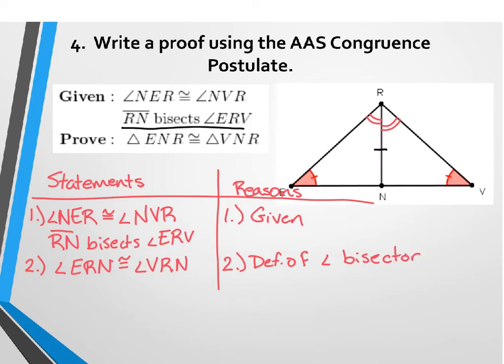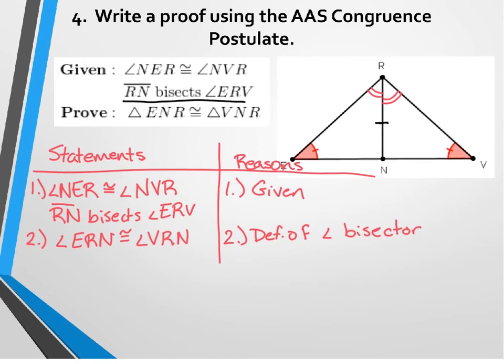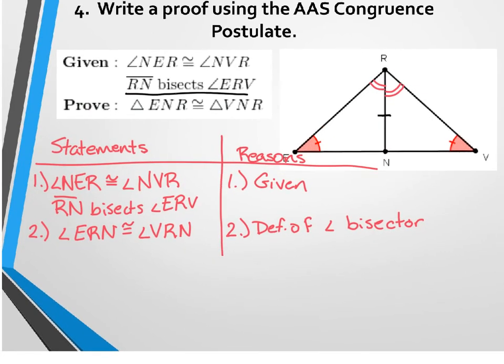And then the next statement we need to show is that the side in common is congruent. So name RN is congruent to RN. And that is our reflexive property being used.